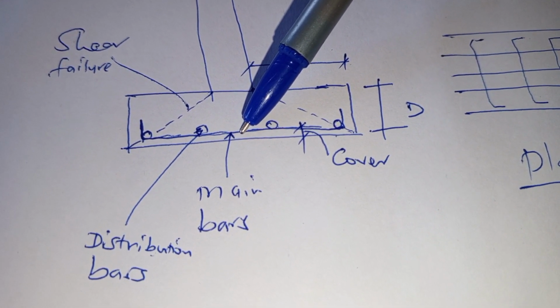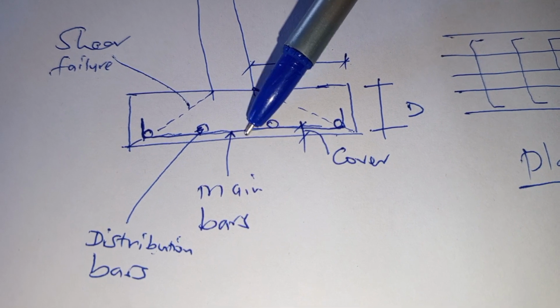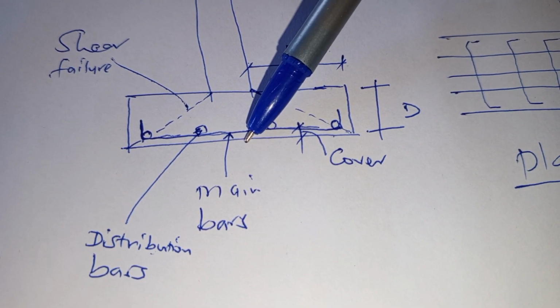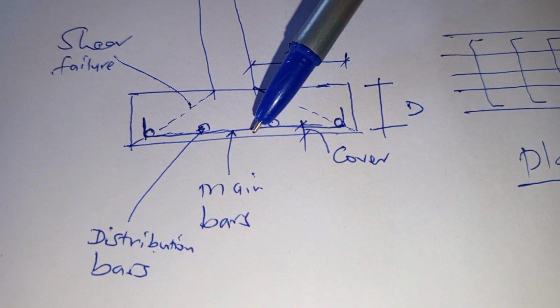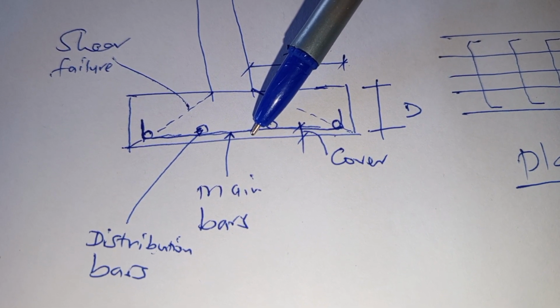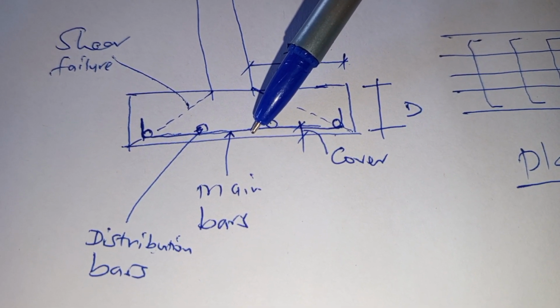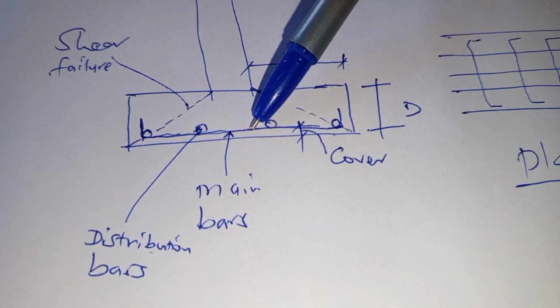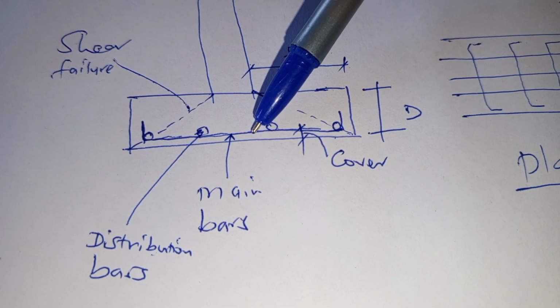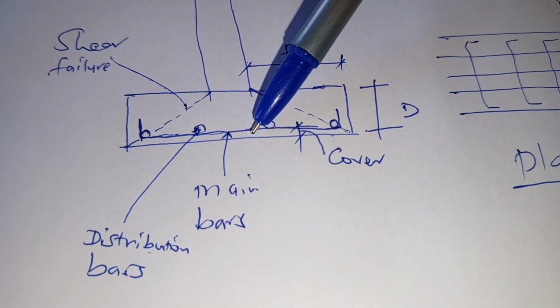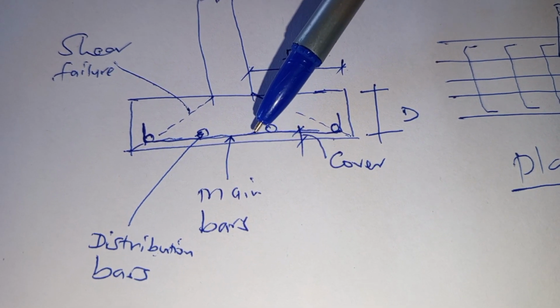The space in between the bar and the concrete is the cover. This is the cover to reinforcement on this strip footing, and the minimum cover to foundations is normally 50 millimeters.